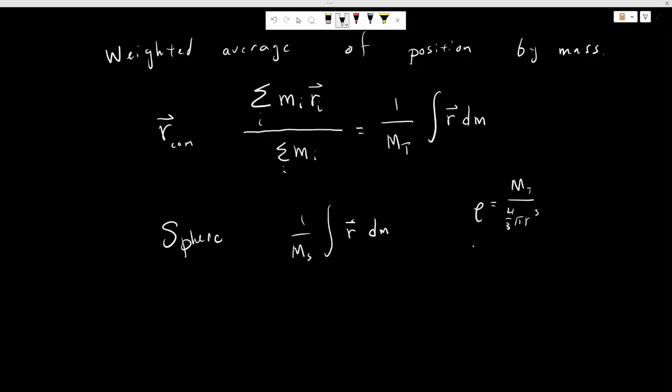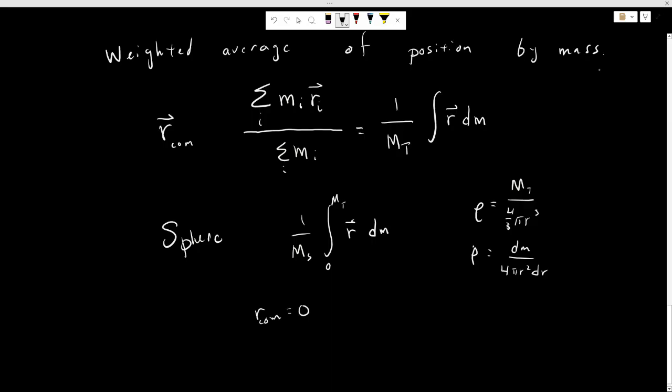And then that would give me that rho is also equal to dm over 4 pi r squared dr. Right? And so I can plug this all into this integral. But with my bounds, I'm going to sum over the total mass, so 0 to M total. But if I sum over the total mass, and I'm measuring my radius from the center of the sphere, then I get that R COM equals 0, because it's a symmetric integral.